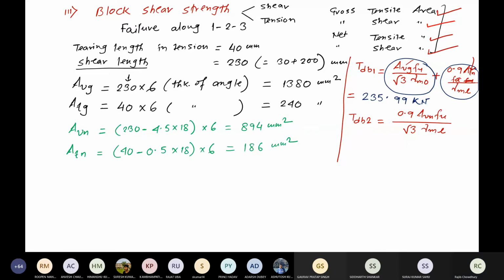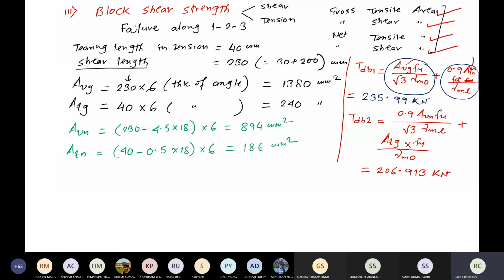So plus Atg multiplied by Fy, G stands for gross, divided by gamma m0. Now this becomes 206.913 kilonewton. So as I said previously, you have two different formulas to find the block shear strength.